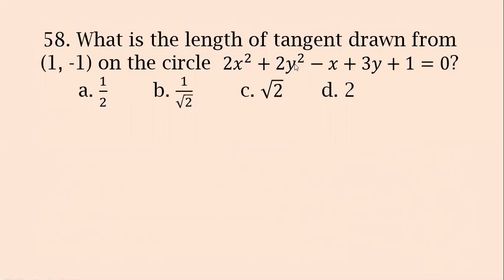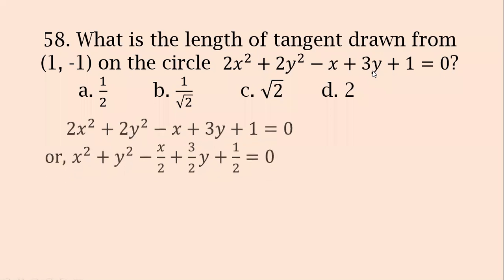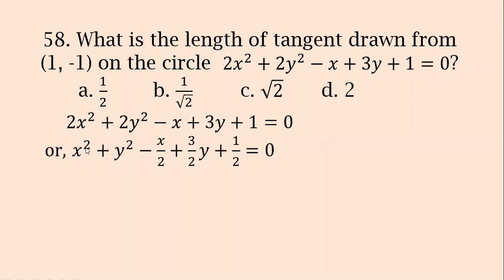So before any calculation of a circle, we must make the coefficient of x square and y square 1. So we have to divide this equation by 2. Then we get x square plus y square minus x by 2 plus 3 by 2 y plus half is equal to 0. So this is the equation of the circle.